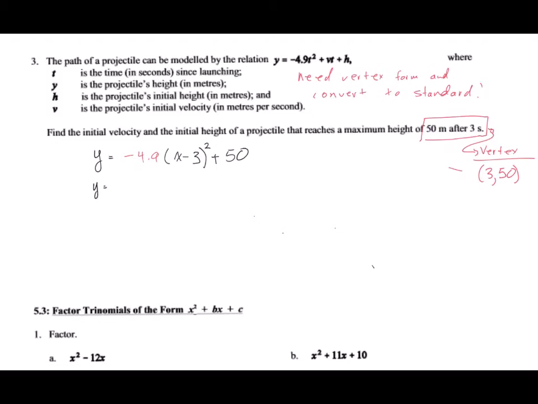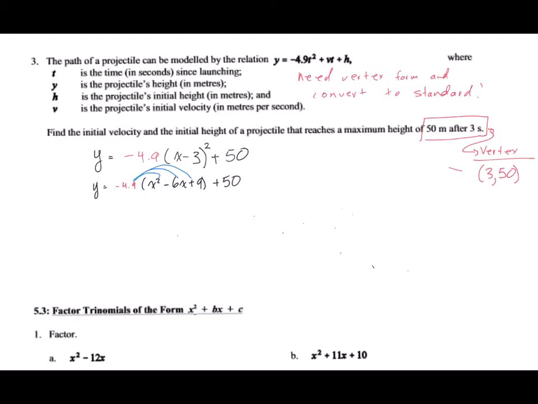So now let's expand this, because we're going to change it to look something like our original equation up top. So x minus 3 squared, when we simplify it, is x squared minus 6x plus 9, and that's plus 50. Now we're going to take the negative 4.9 and multiply it into everything inside that bracket.